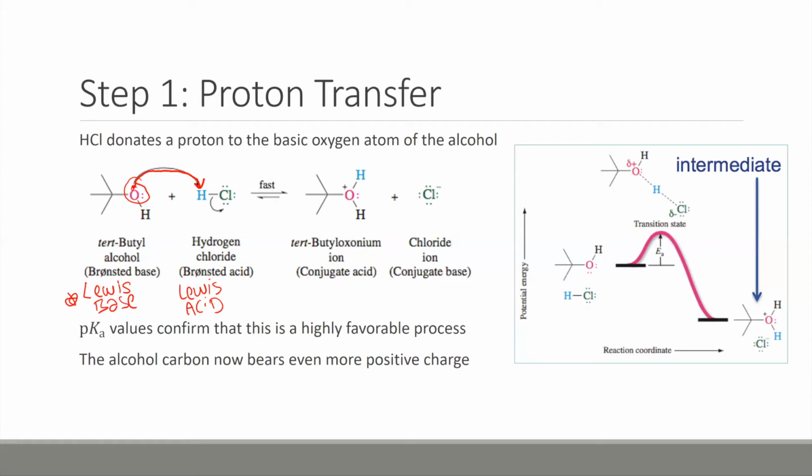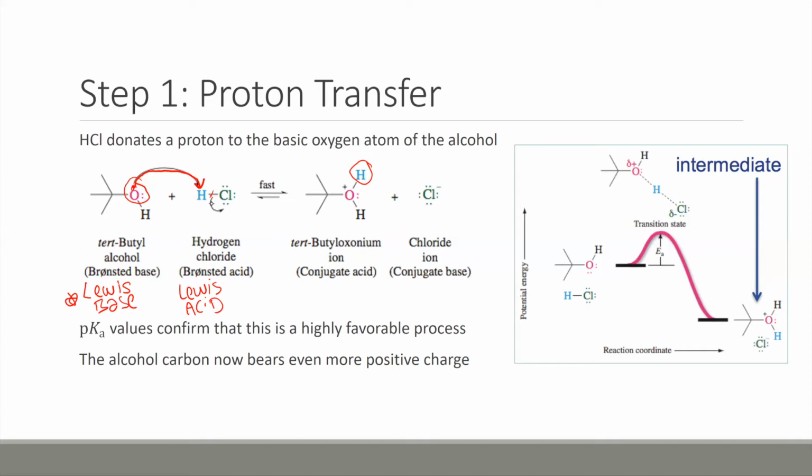And you can see what occurs is that the alcohol carbon now bears a more positive charge than previously. And we've now made a bond between the oxygen and the hydrogen. So again, the oxygen donated electrons. Usually when we have this donation of electrons, this is a formation of a bond. And you can see that this bond is breaking.